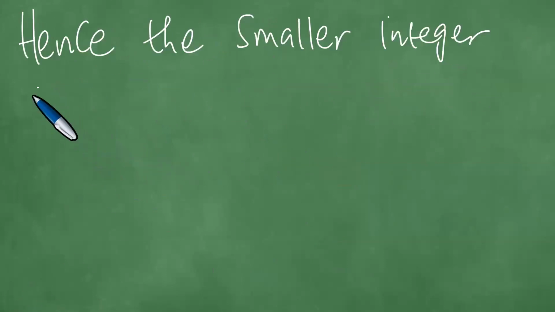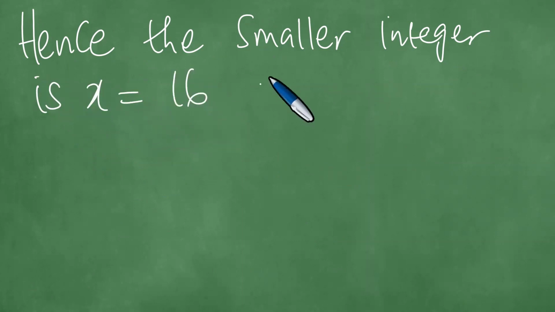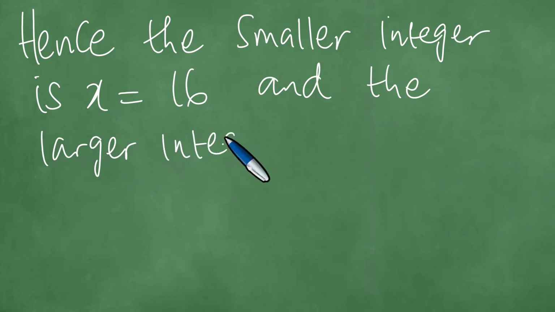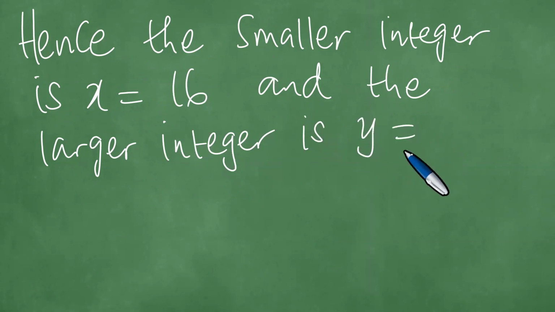Hence, the smaller integer is x equals 16, and the larger integer is y equals 29. Okay, that is the conclusion.